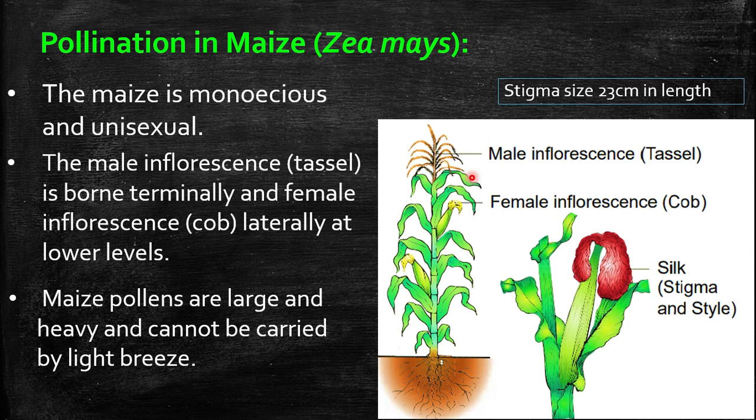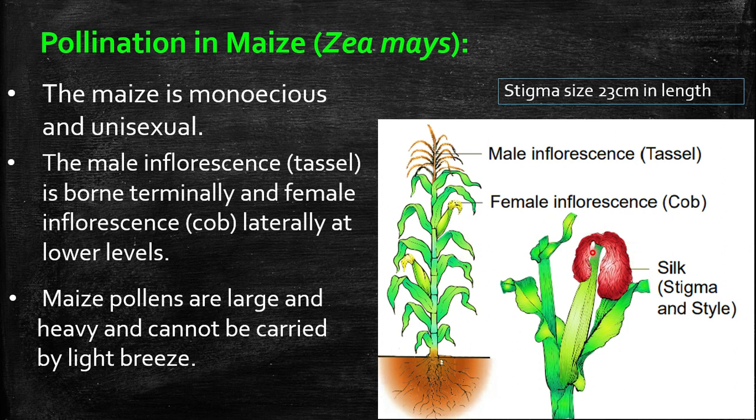The maize pollen grains are large and heavy and cannot be carried by a light breeze. Here, see the male inflorescence at the terminal position, called the tassel. Here is the female inflorescence, called the cob, which is present in a lateral position among the lower leaves.